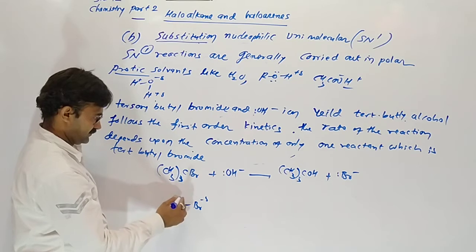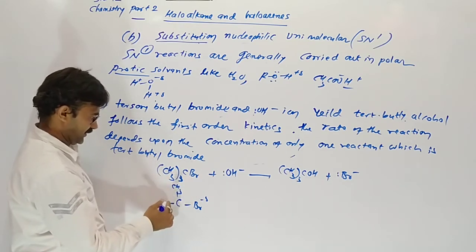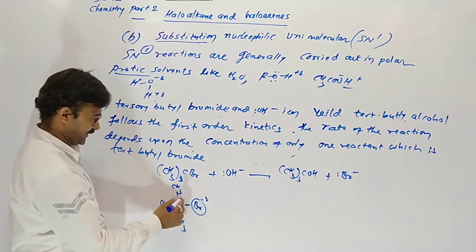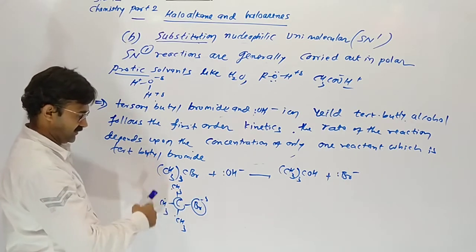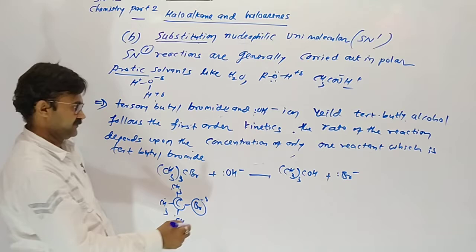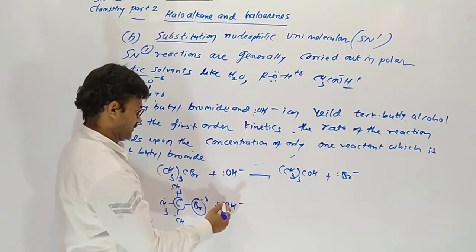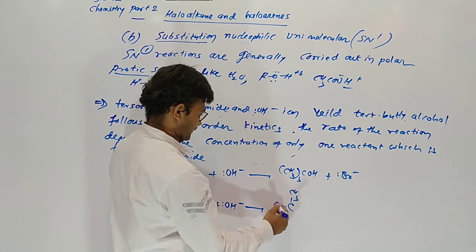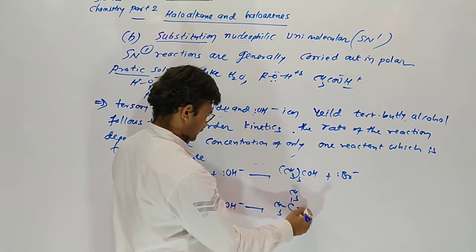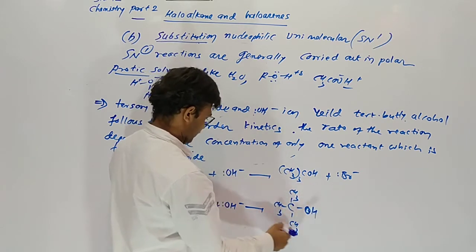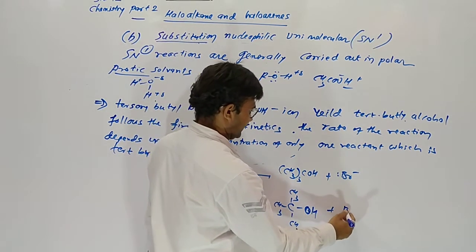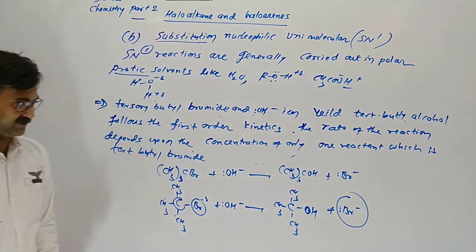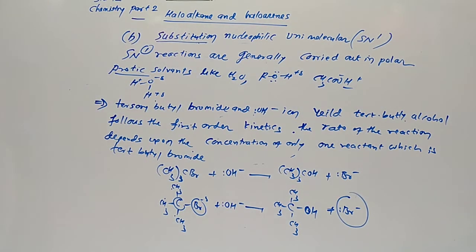Here is bromine, here are 3 methyl groups. The bromine containing carbon is attached with 3. So tertiary butyl bromide. Here the attack of OH occurs. So bromide is replaced by OH. So this is the leaving group. Remove the leaving group, OH enters: tertiary butyl bromide gives tertiary butyl alcohol.